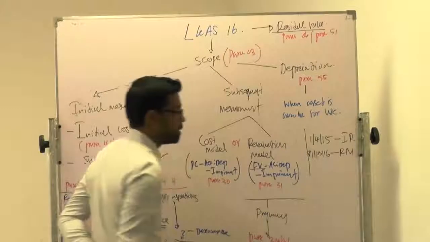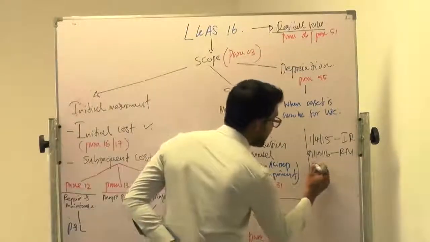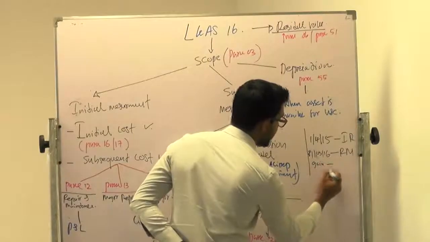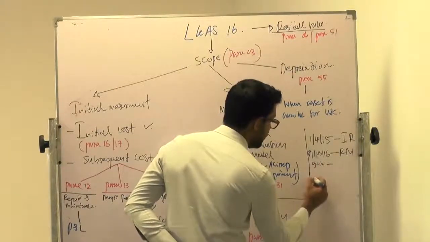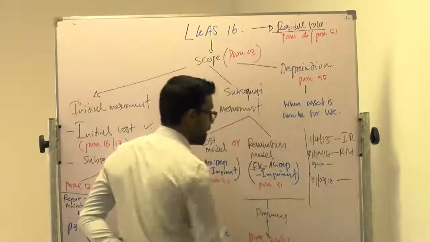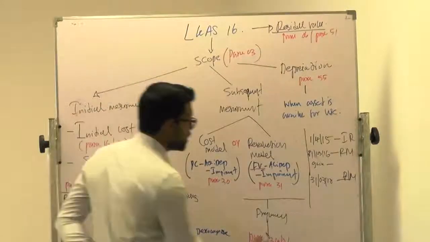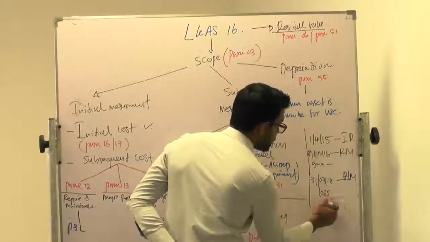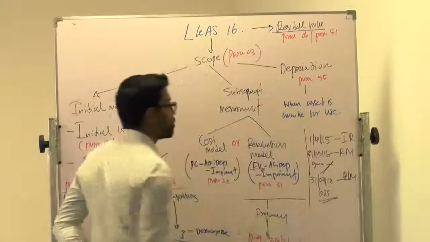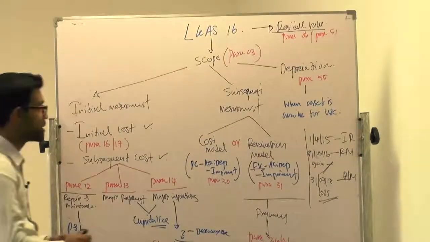So then you had a revaluation gain here. But at the end of, let's say, 31st March 2018, again you have used the revaluation model, so here you have a revaluation loss. What should be the accounting treatment for these? That we need to discuss.